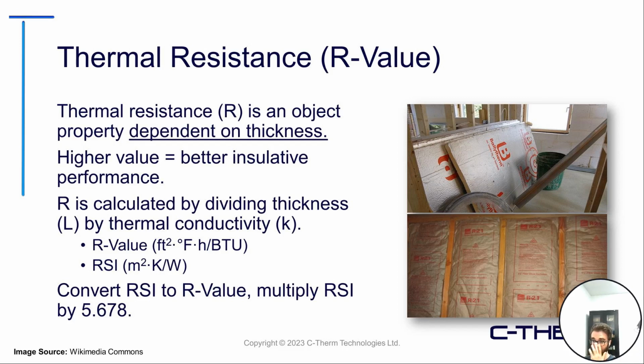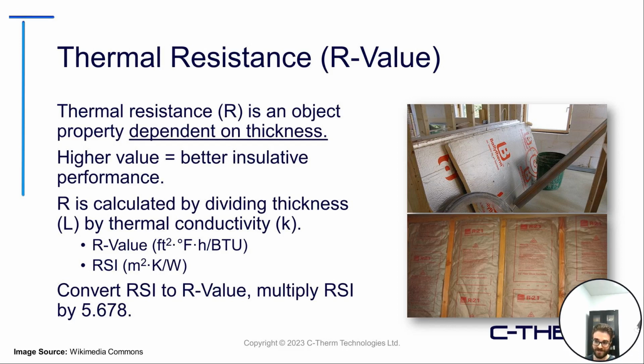I also do want to make a distinction here between the different versions of R value. There's R value, which has the units feet squared, Fahrenheit, hours per BTU. These are imperial units that will sometimes be used depending on where you are in the world, whether in North America or elsewhere.